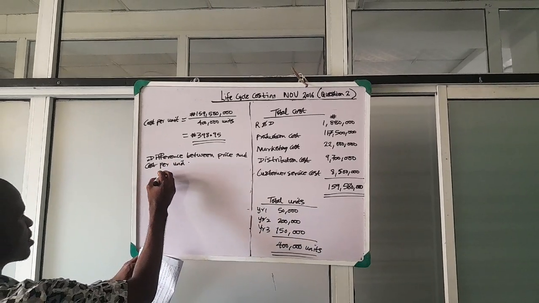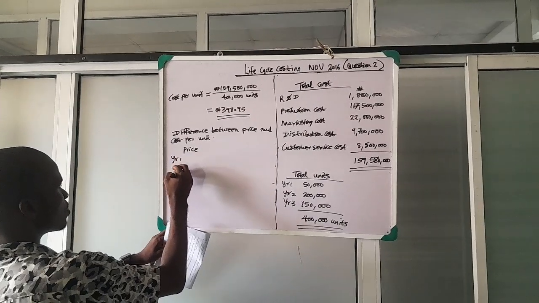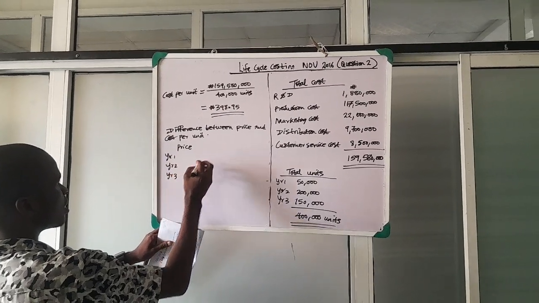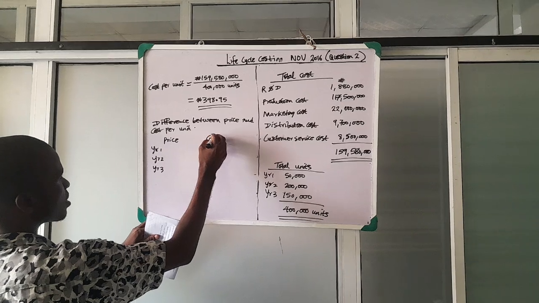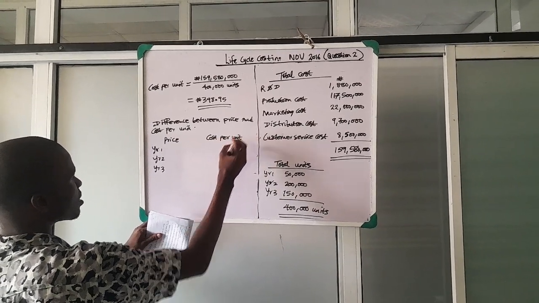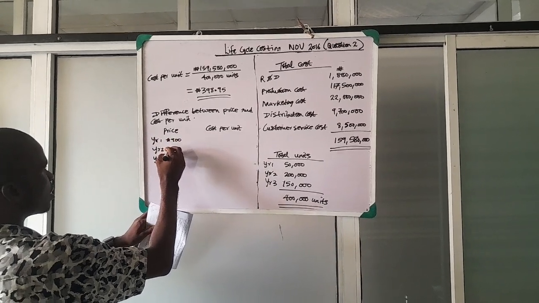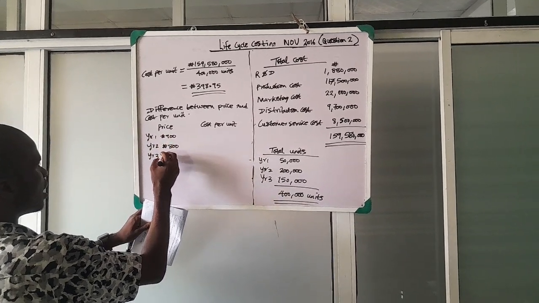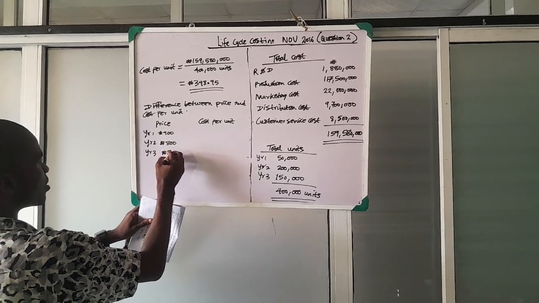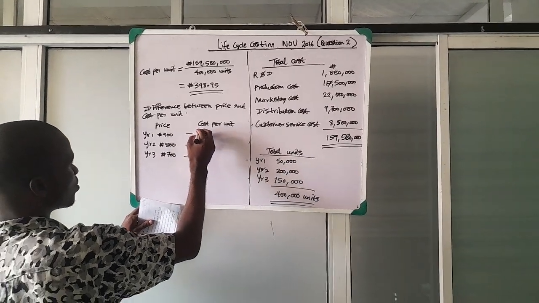Now the price will have year 1, year 2, year 3. Price is what? 900. Year 2 is 800. And year 3 is 700.